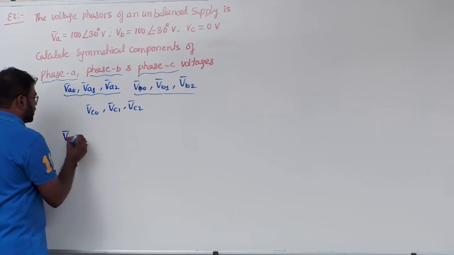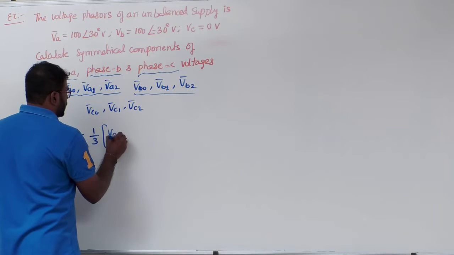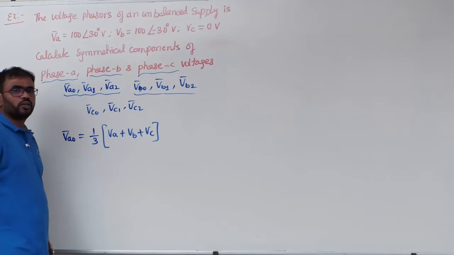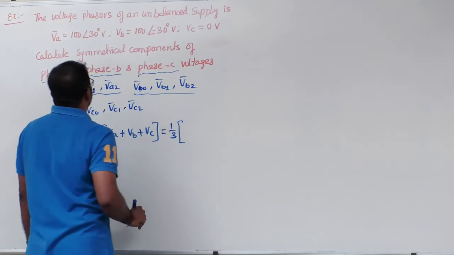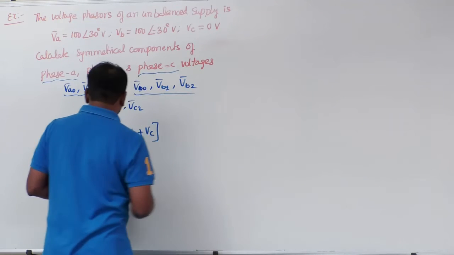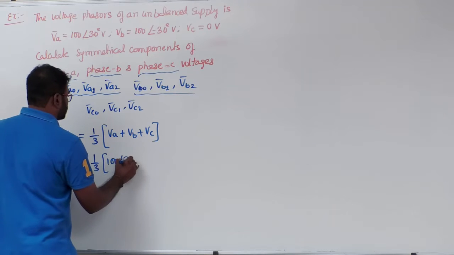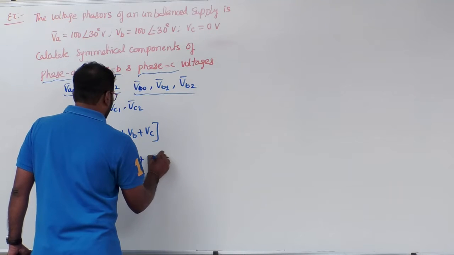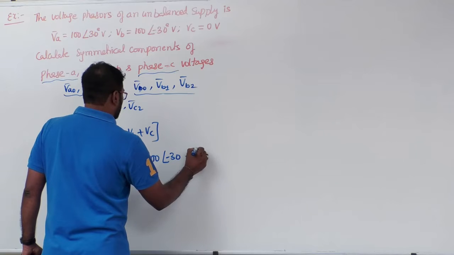Okay, now let's see the VA0 formula. We discussed this in the previous lecture. VA0 is 1 by 3 times VA plus VB plus VC. That's the formula for VA0. Let's substitute this: 1 by 3 times 100 at an angle 30 degrees plus 100 at an angle minus 30 degrees plus VC, which is 0.